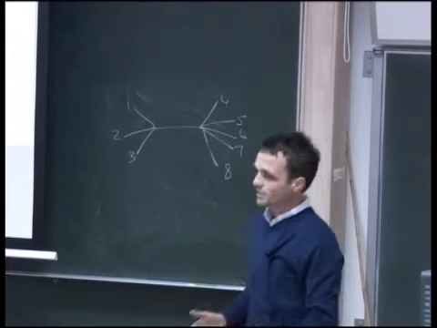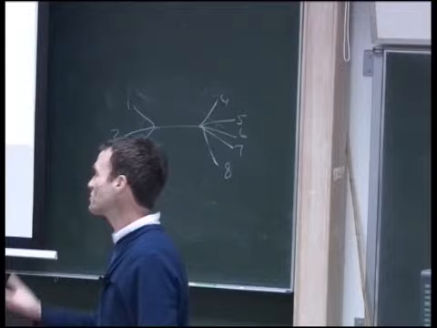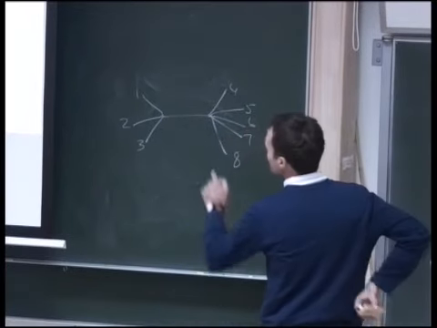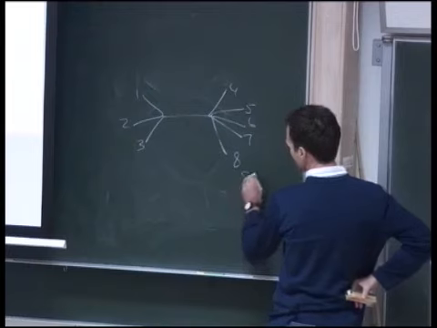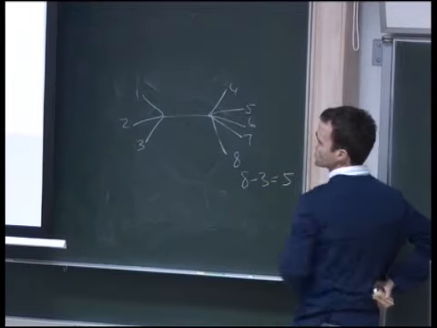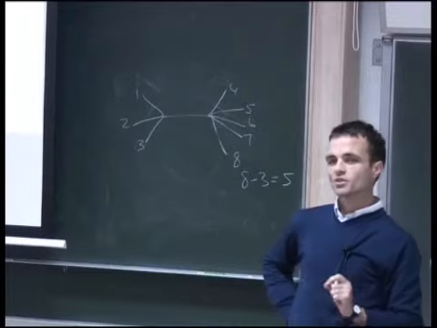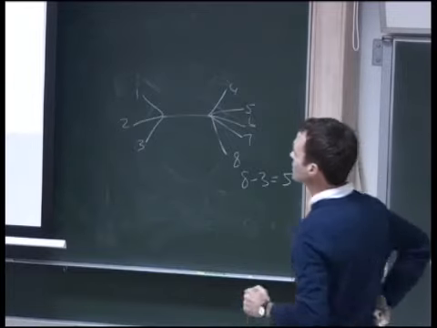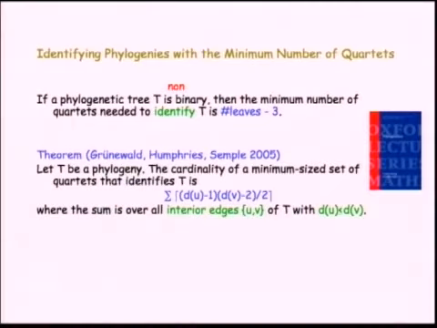So I don't know why, but apparently we did think at one stage that it was the number of leaves, which is 8, minus 3. So 5 quartets is enough to identify that tree, but it turns out 6 is the actual answer. What it says is you take an interior edge. I've only got one here.